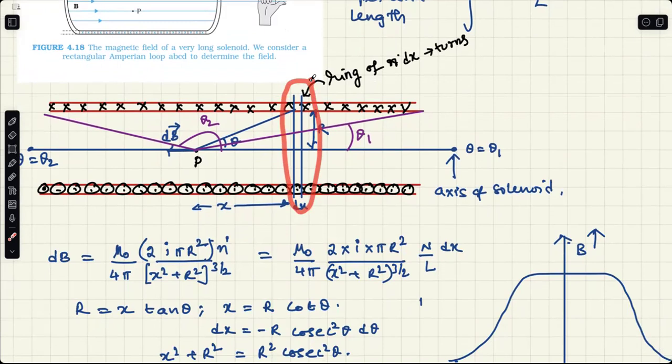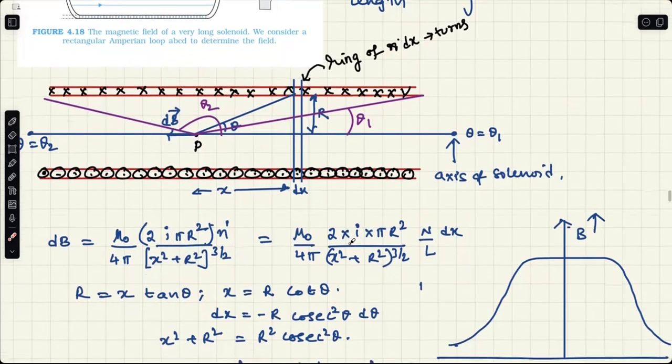We already know the formula for the field along the axis of a circular coil: mu naught by 4 pi, 2 I pi r square by x square plus r square all to the power of 3 by 2. But this is for a loop. The entire formula is for a loop. But we know that there are some terms, small n times dx. Just now I told you, n dx turns.